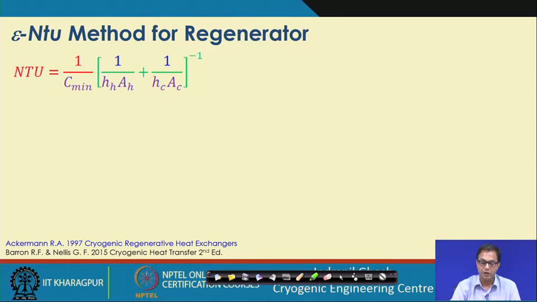In case of a regenerator, in one cycle the hot fluid is flowing through the regenerator bed, in the other cycle the cold fluid is flowing through the bed, and one of the fluids, whether cold or hot, becomes the minimum capacity fluid. It may also be possible that both are the same, or C min and C max are equal. In that case, we will have C r equal to 1.